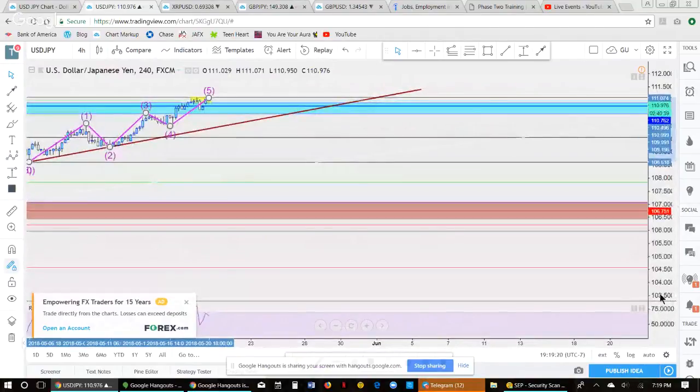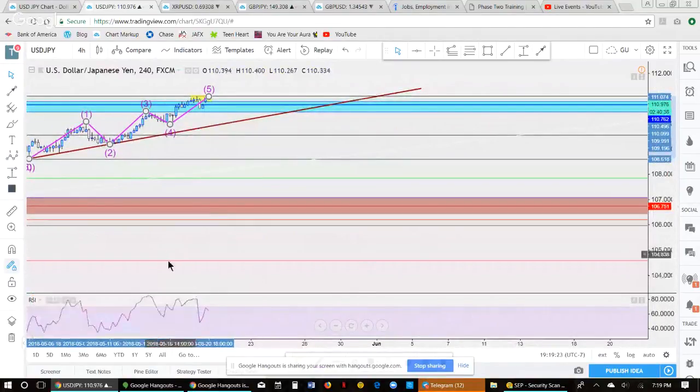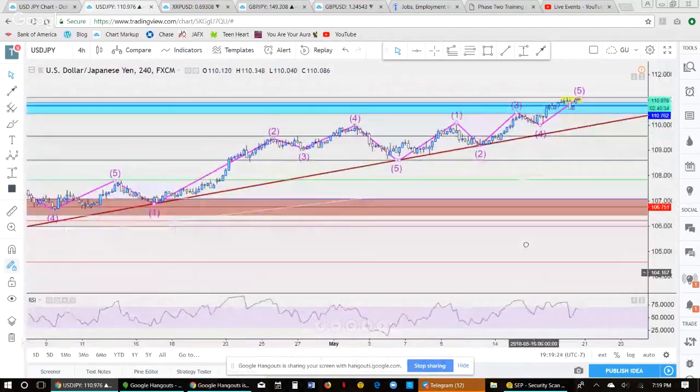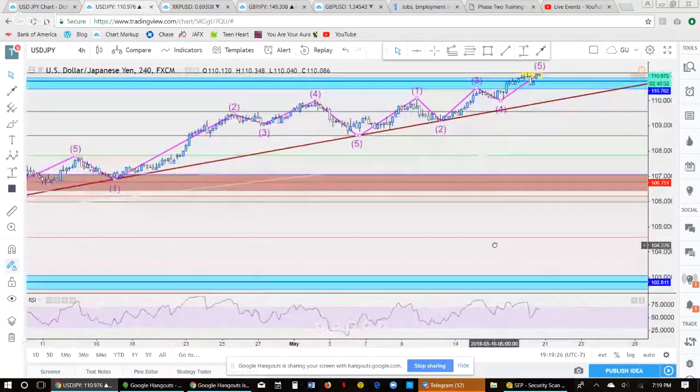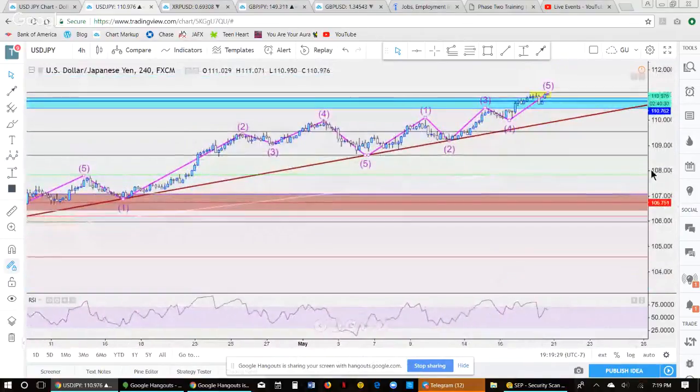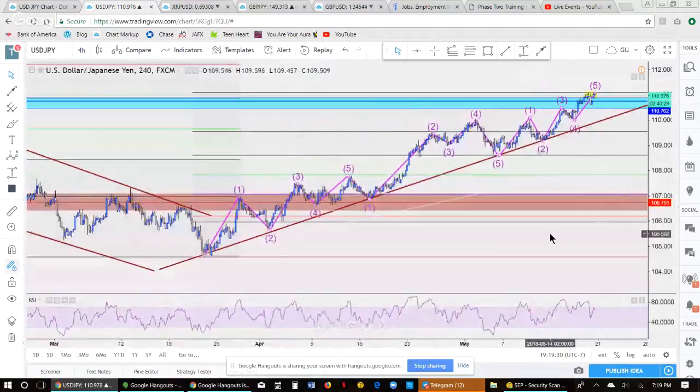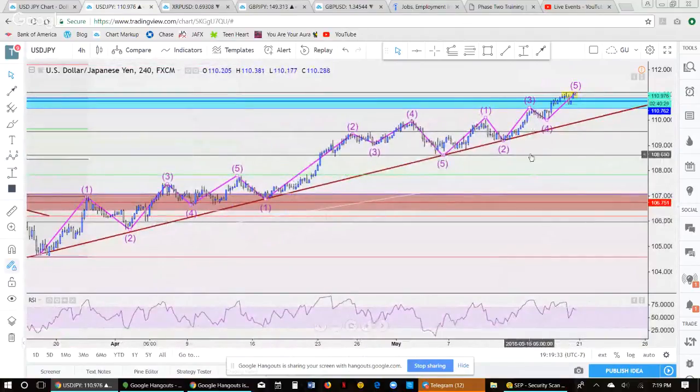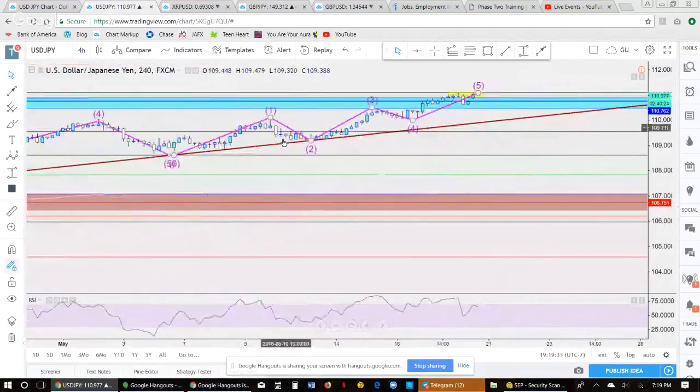Something about related pairs and stuff like that. UJ and gold are opposites. So if UJ goes down, gold is going up. If gold goes down, then UJ is going up. Since gold is actually going down right now, I'm looking at it on my MetaTrader 4 as I look over this chart with you guys.